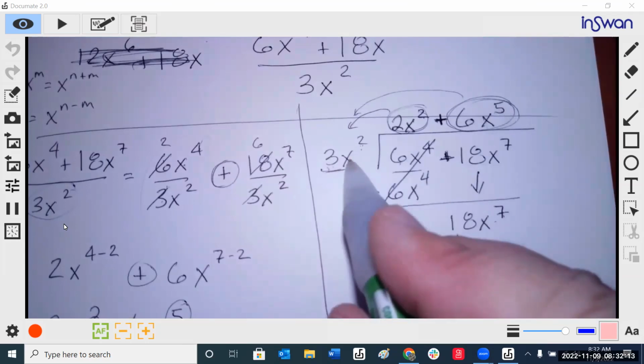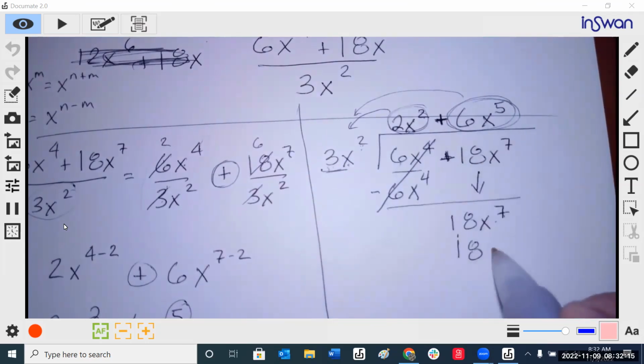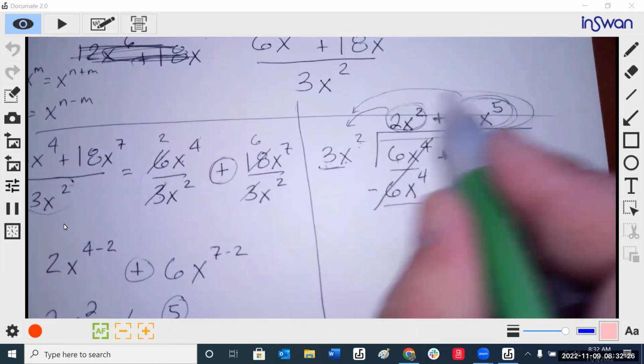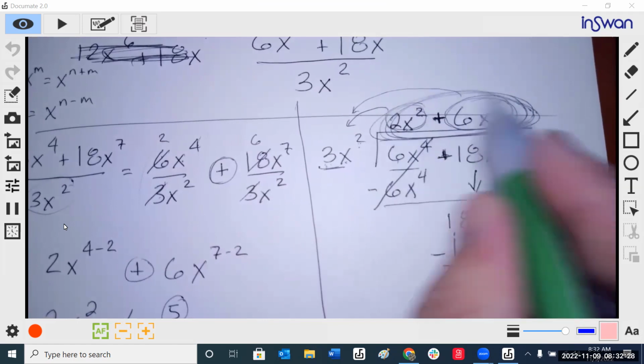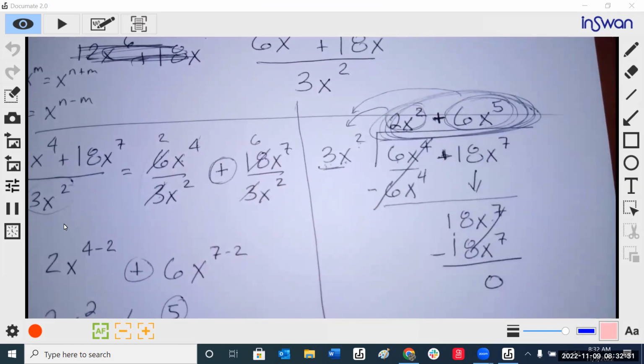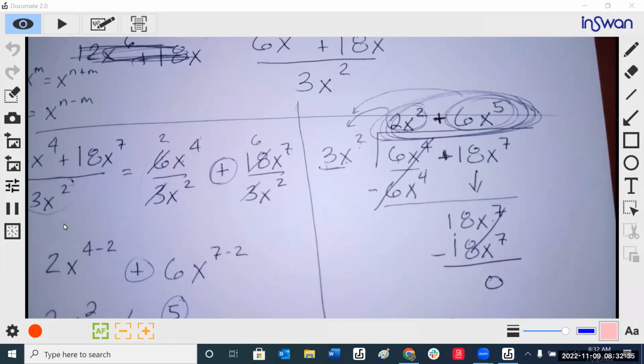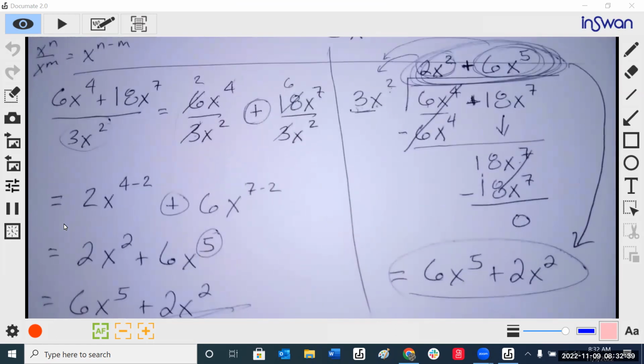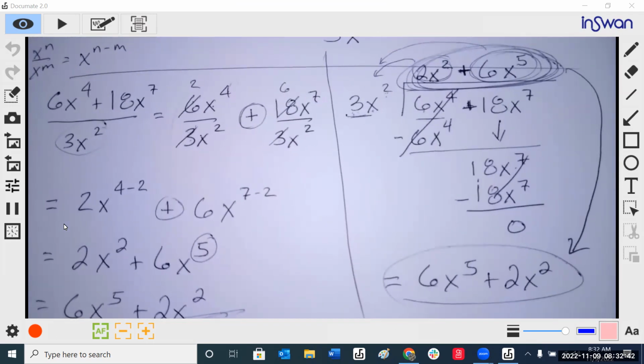X to the 5th times x squared, so it's 5 plus 2 is x to the 7th. Subtract. So there's your answer. 6x to the 5th plus 2x squared. That's your answer. The quotient is your answer.